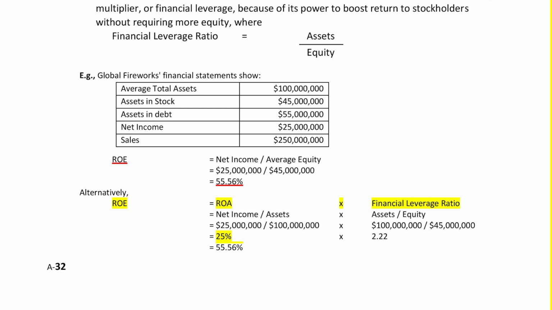Financial leverage ratio is assets by equity, or 100 million divided by 45 million, 2.22. So 25% times 2.22 is equal to 55.56%. Now this is the same result that we got in our previous calculation on return on equity.